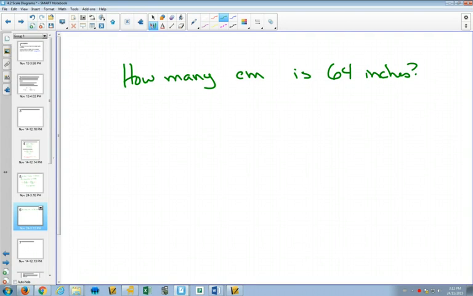Look at your ruler. How many centimeters are there in 1 inch? 3.5. 2.5. Yeah, about 2.5, right? Look at your ruler. In actuality, it's 2.54. 1 inch is equal to 2.54 centimeters.